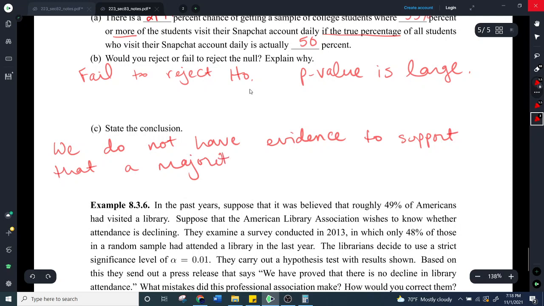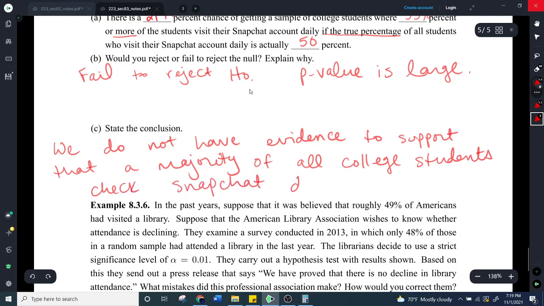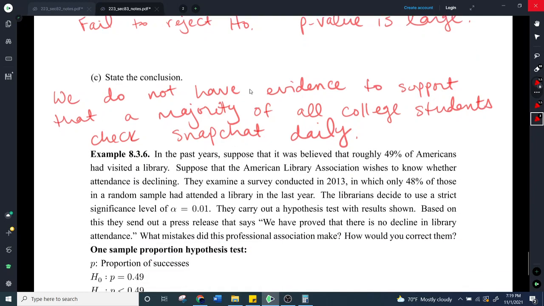We don't have evidence in support of the alternative hypothesis that a majority of all college students check Snapchat daily. So we don't have enough evidence in support of the alternative. We think the null hypothesis is probably still true. We don't know for sure, but we think it's probably still true. We don't have enough evidence to support the alternative.